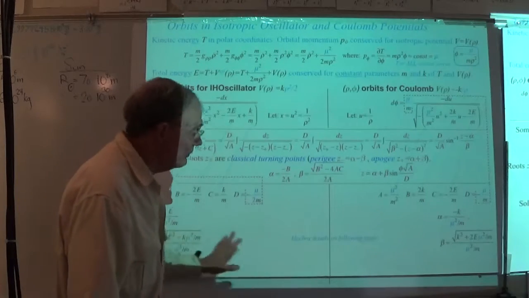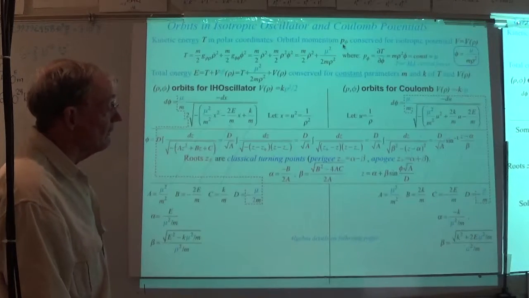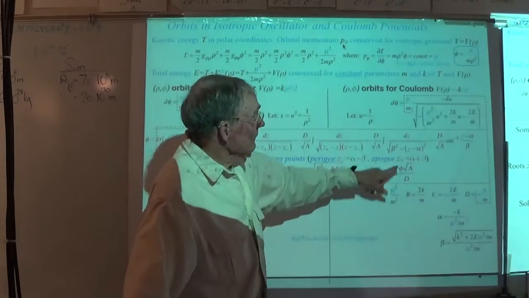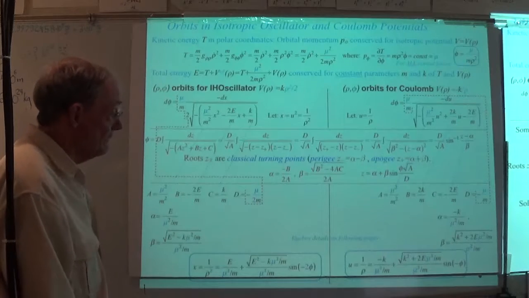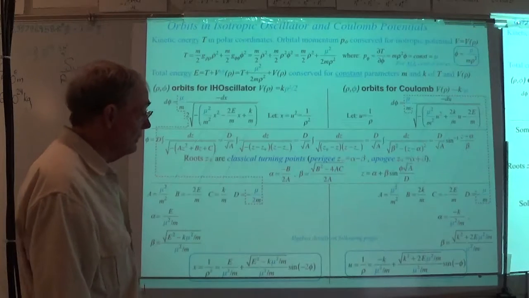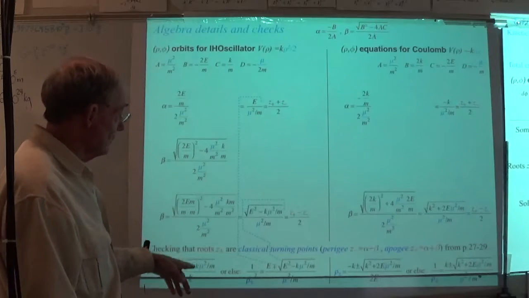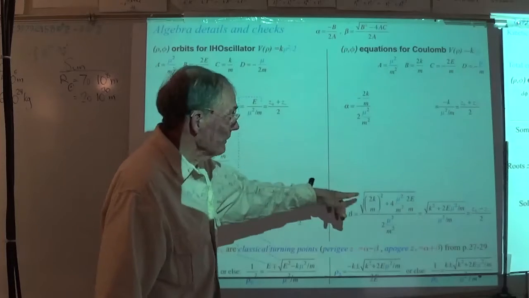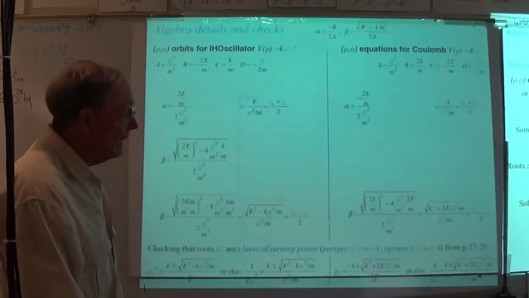And the algebraic details are on the following pages, but that's at least a start, and those are the things that you use to get your apogee and perigee, the turning points. Let's just take a glance at what those are. I'm just rewriting those things out and putting some pieces together for that.